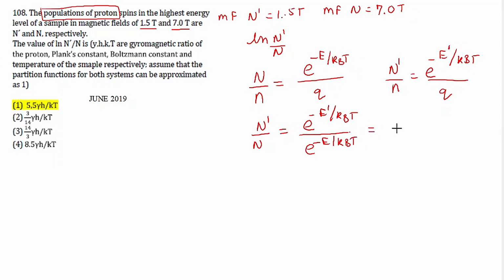Okay, and this we could write it as e raised to minus E dash minus E upon kBT.